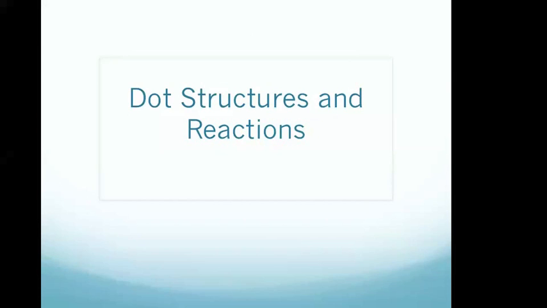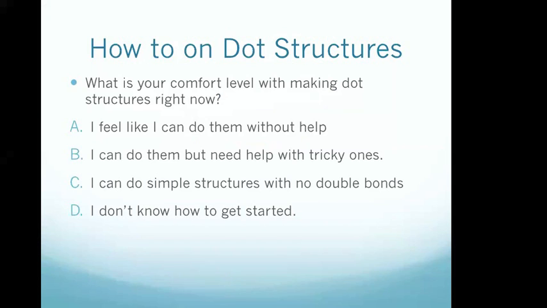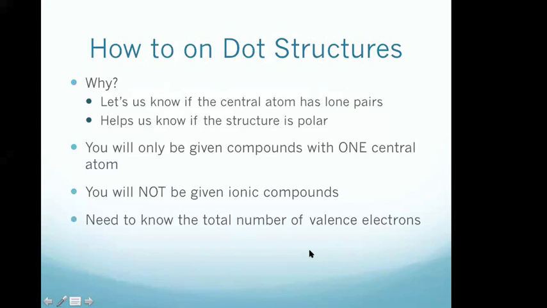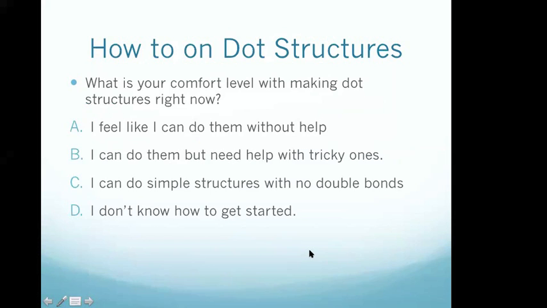Okay, so you've had a chance to look at the dot structures from chapter 3, but I know we have a variety of backgrounds, and last week a couple of you were saying that you weren't really familiar with them. So what I'd like you to do now, in the chat, is tell me where you fit in this question of how you're doing on the dot structures.